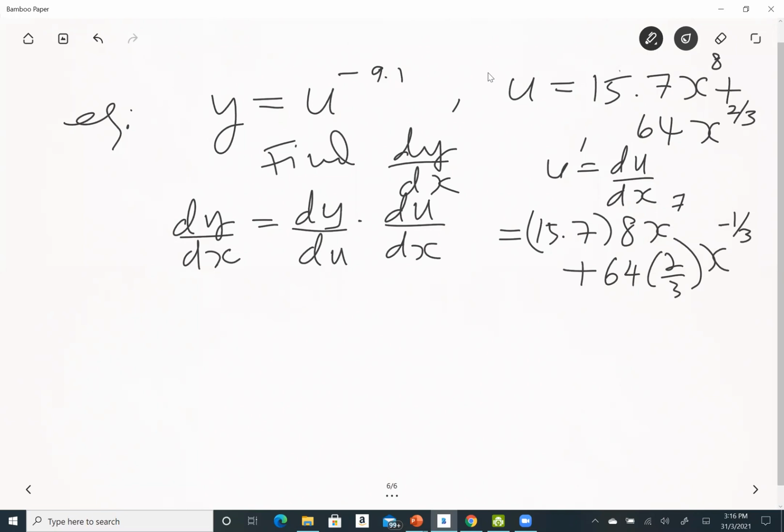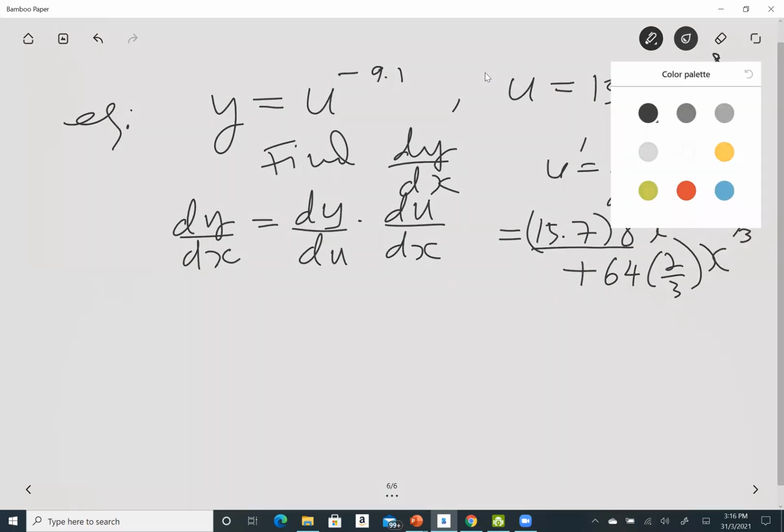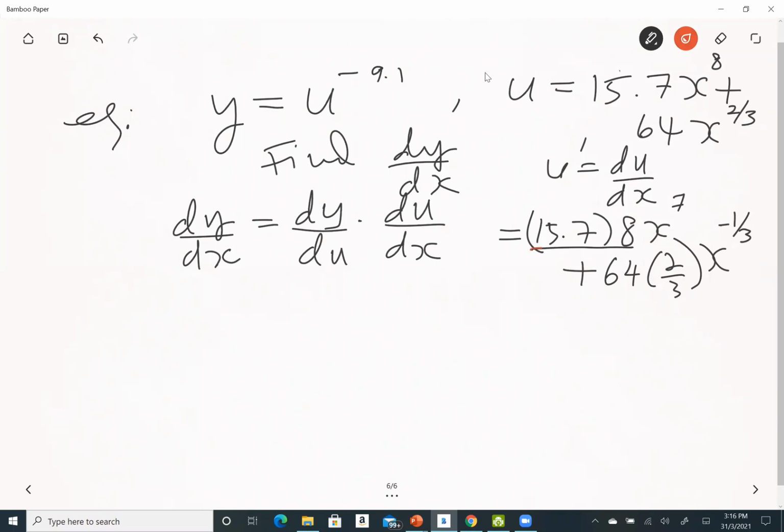You can multiply out and simplify this constant here. Simplify that multiplication, and then put in the formula.